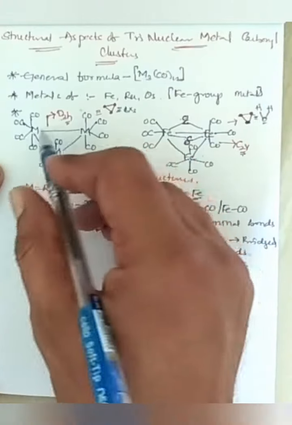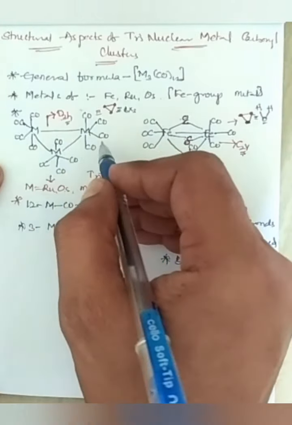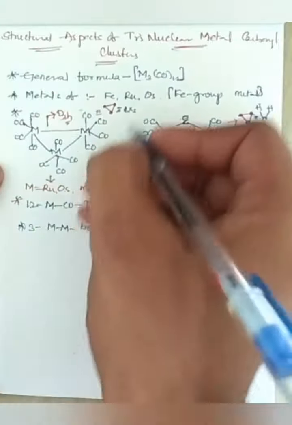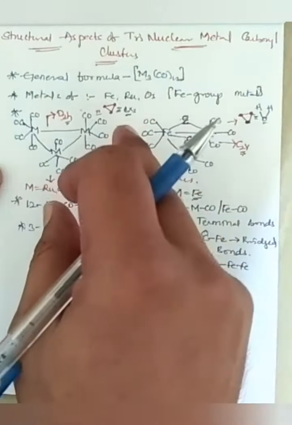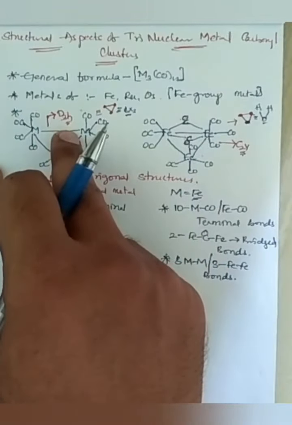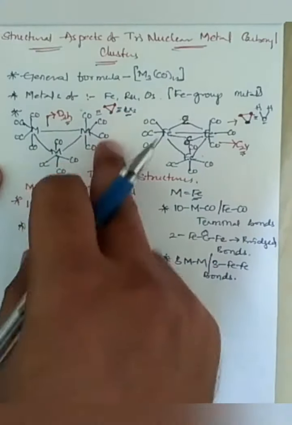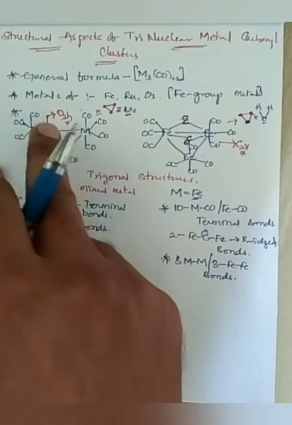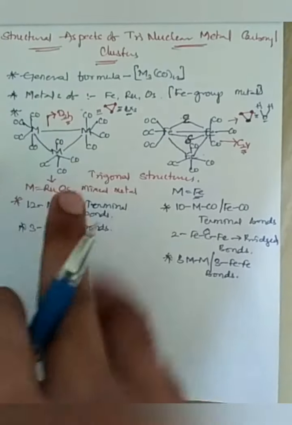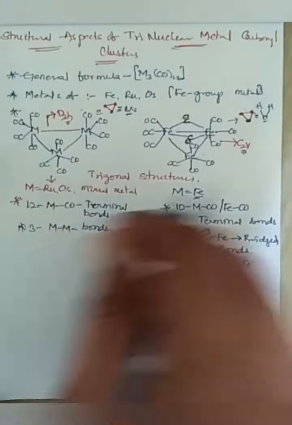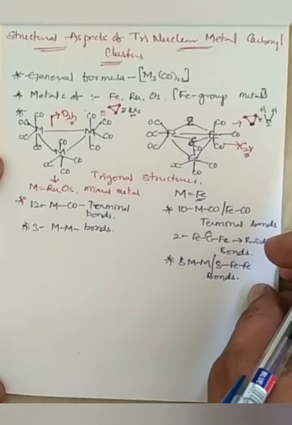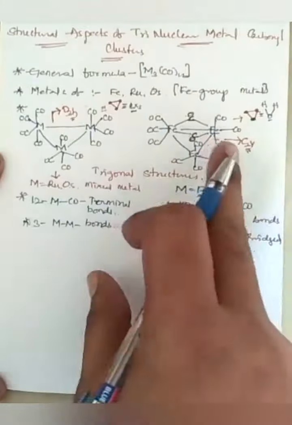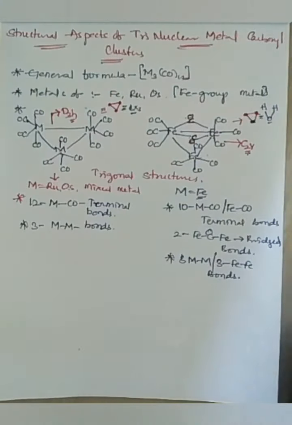Here all sides will be M(CO)3 taken 4 times, right? With that comparison, we know BX3 comes under the point group D3h. So this structure we define as D3h point group. That is how we can explain the slight variation for trinuclear metal clusters from non-bridged structure to bridged structure, right?